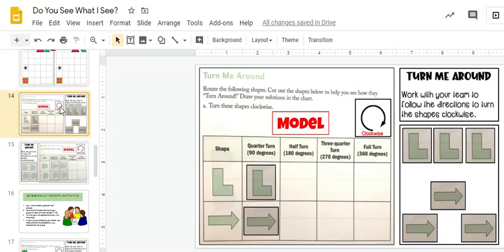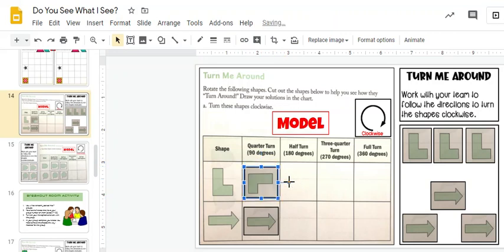So the cool thing about these shapes is that when you click on this circle and you move the shape, it shows you the degrees. There we go. So when you get to 90, stop. Now when you go to the next one, you need to grab a shape from here and drag it to the box. You're going to do 180.